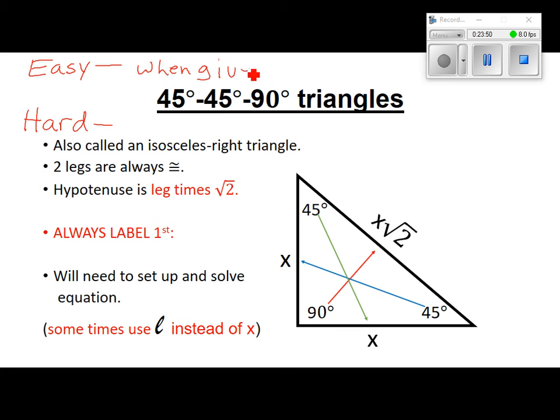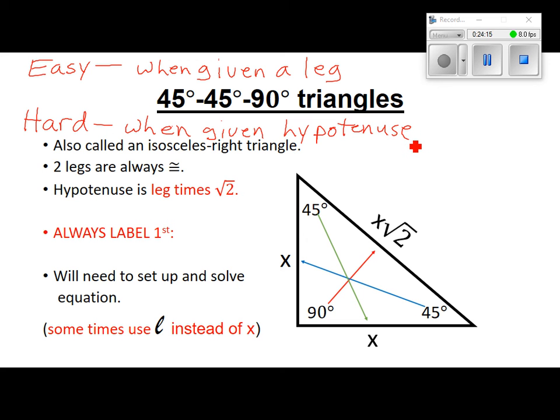Leg. When given a leg. When do you think it's going to turn out to be hard? When given, what's the other side called? It's not a leg. When given a hypotenuse. When you're given a hypotenuse, it makes it much more difficult.